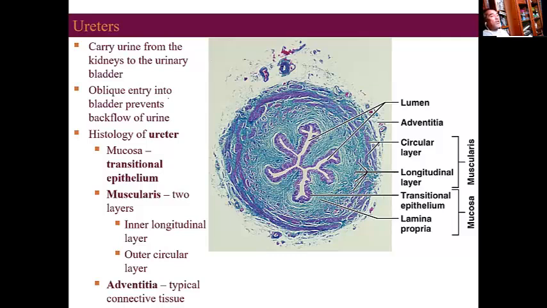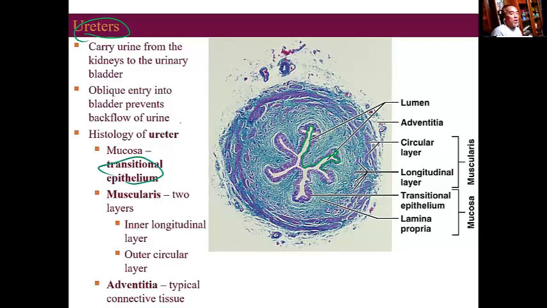Okay, so this is what a ureter looks like. The ureter is like a tube connecting the kidney down to the urinary bladder. If you notice, the lumen is not circular, it looks like a clover leaf pattern. What lines the inside of the ureter is the epithelium, and remember we talked about that. We call it the transitional epithelium.